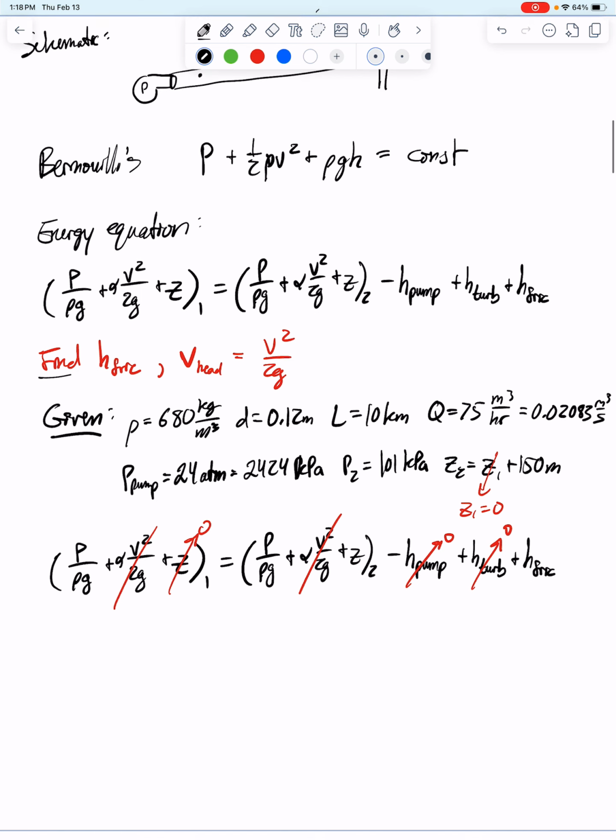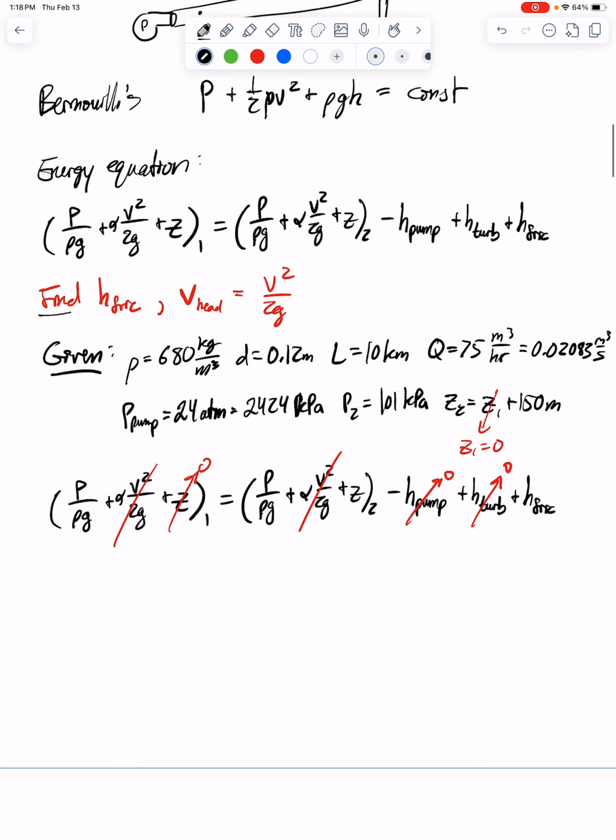Okay, so as I mentioned before, we have constant volumetric flow rate and constant cross-sectional area. Therefore, we have constant velocity. Volumetric flow rate is velocity times area. Therefore, velocity is volumetric flow rate per area. Volumetric flow rate we have is 0.02083 cubic meters per second. Area is pi over 4 times diameter squared.